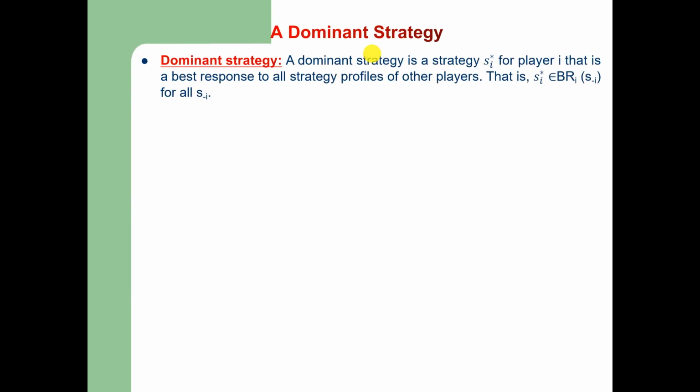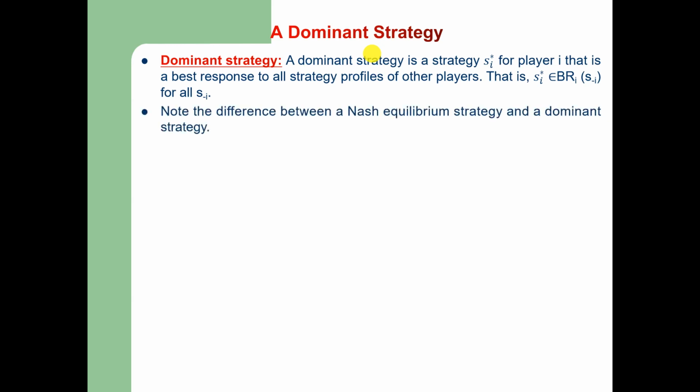So we now discuss a dominant strategy, which is a strategy s_i star for player i that is a best response to all strategy profiles of other players. That is, s_i star is included in the best response to all strategy profiles of the other players, for all s sub minus i.